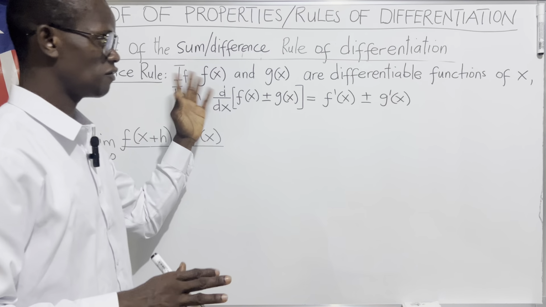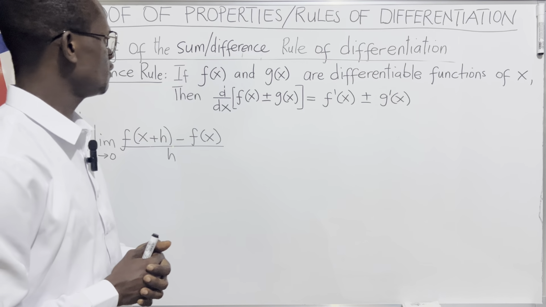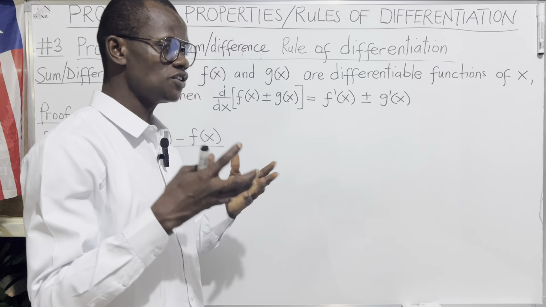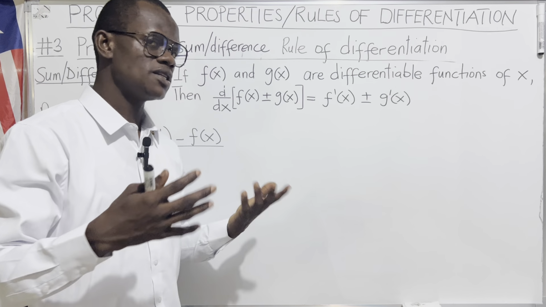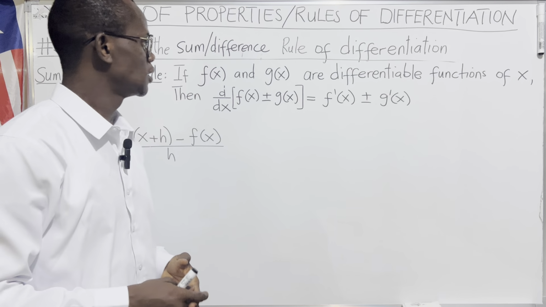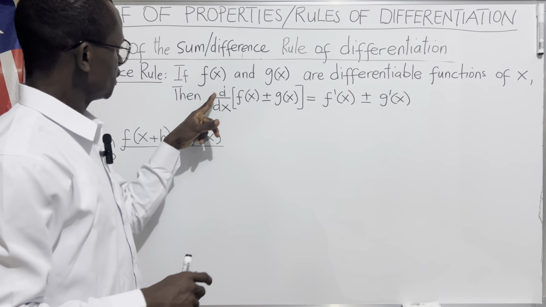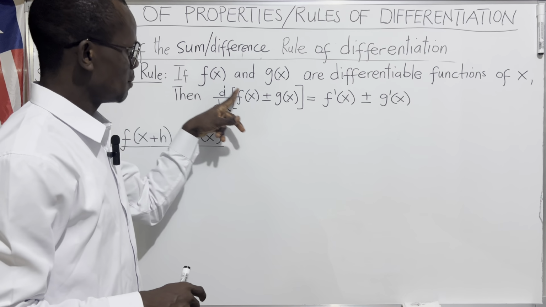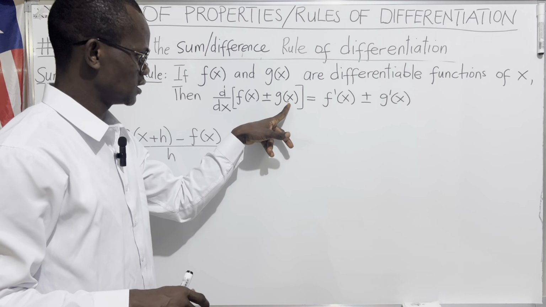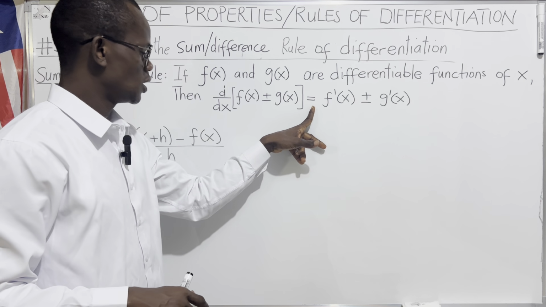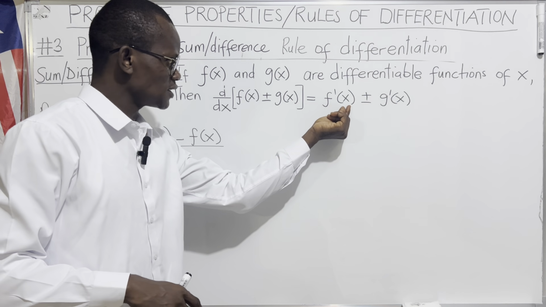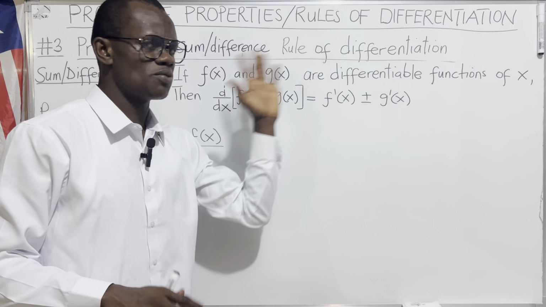I just chose f of x and g of x. So we say if f of x and g of x are differentiable functions, it means if they can be differentiated, then the derivative of f of x plus g of x is just equal to f prime of x plus or minus g prime of x.